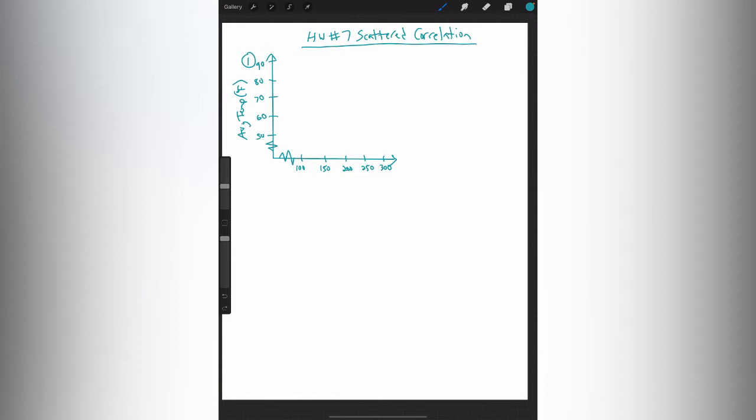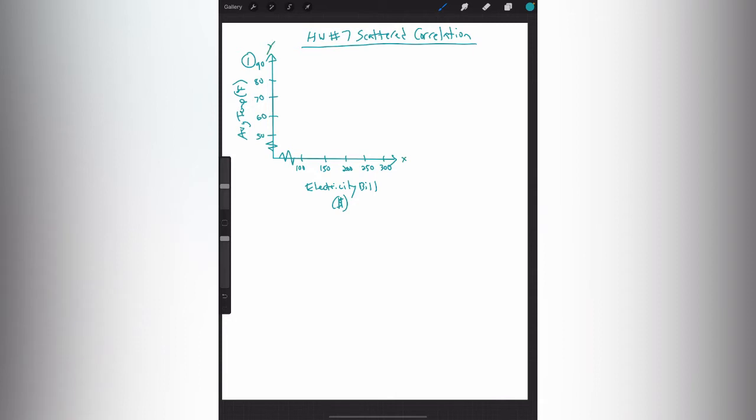But this is just so that we can take a look at this. And these numbers on the bottom are the electricity bill, and it's going to be in dollars. Okay, so it's important to label, right? This is my x-axis, and this is my y-axis.